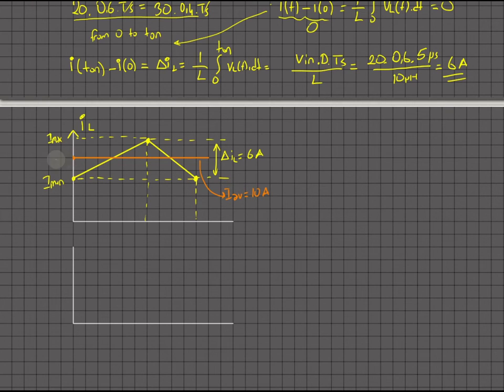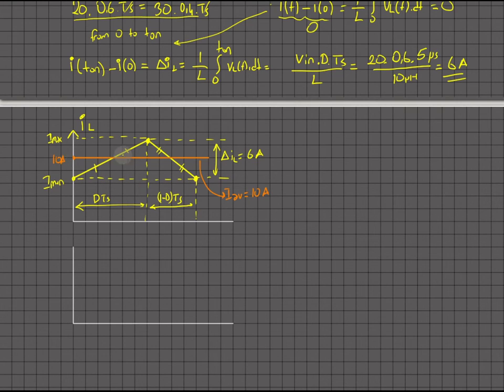All right, and again from geometry, you can use those tricks. Basically, that area is equal to here, that one is equal to here, symmetrical.